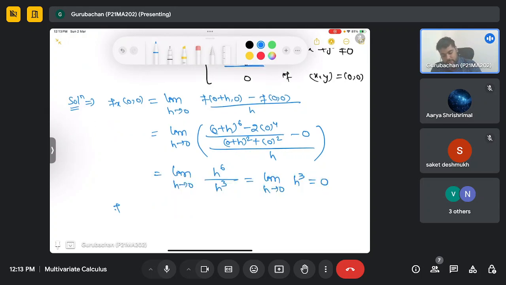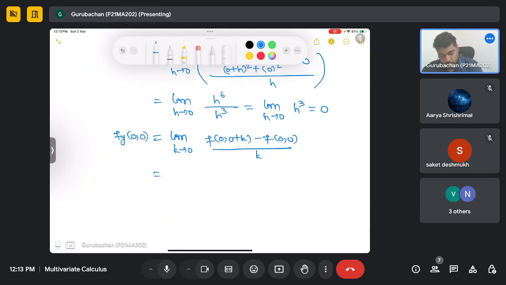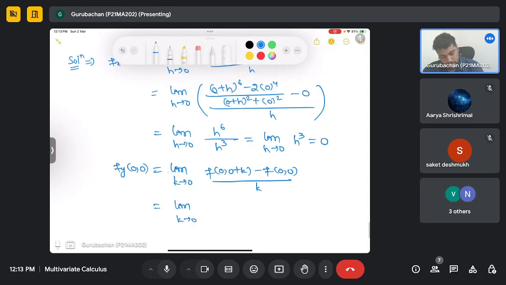Next one is fy at (0, 0). So this will give us the limit as k tends to 0 of f(0, 0 + k) minus f(0, 0), divided by k. To check this, our given function is 0^6 minus 2 times (0 + k)^4, divided by (0^2 + (0 + k)^2), minus 0, divided by k.